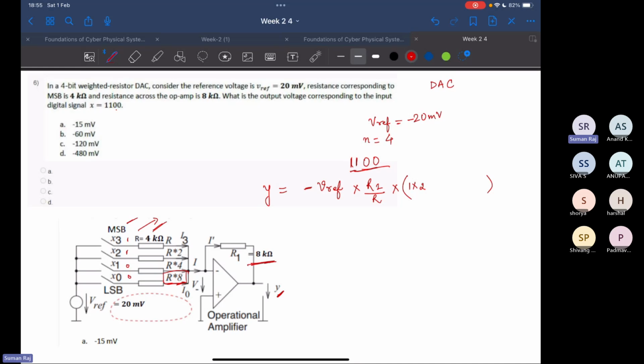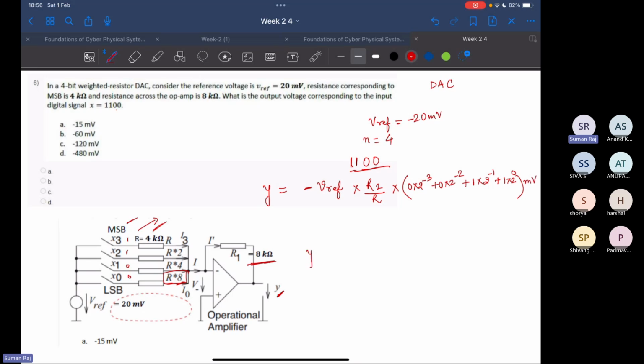So it's taking in the opposite way. Let's see. So you actually calculate in terms of millivolt. You have 0 into 2 to the power minus 3 plus 0 into 2 to the power minus 2 plus 1 into 2 to the power minus 1 plus 1 into 2 to the power 0 millivolt. This is the direct formula.